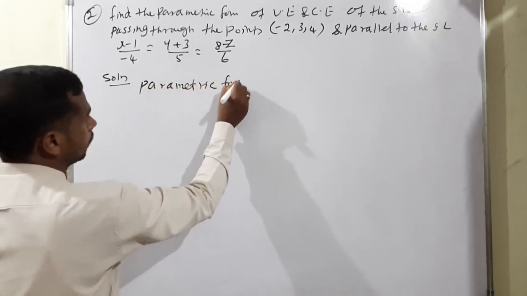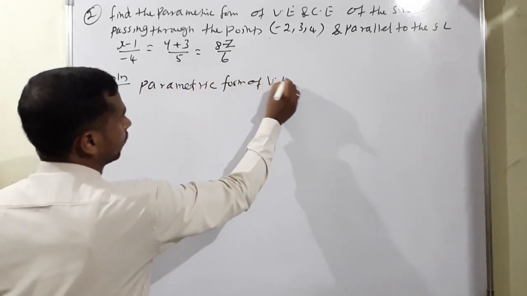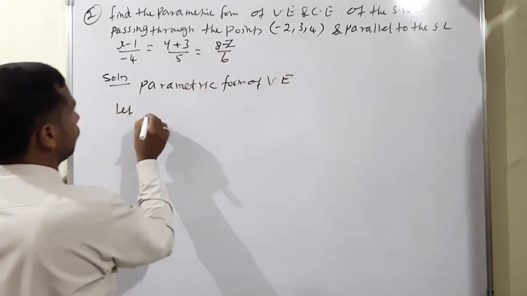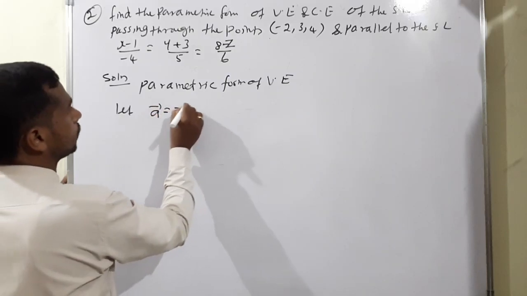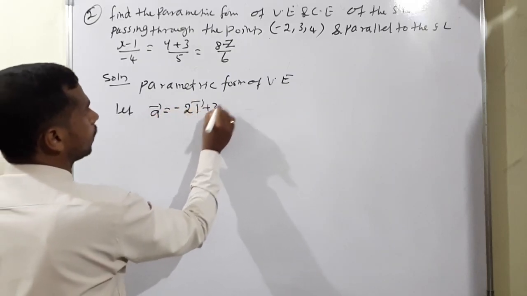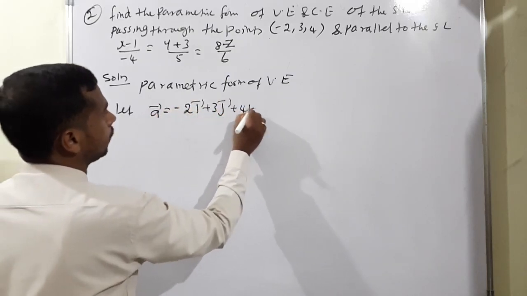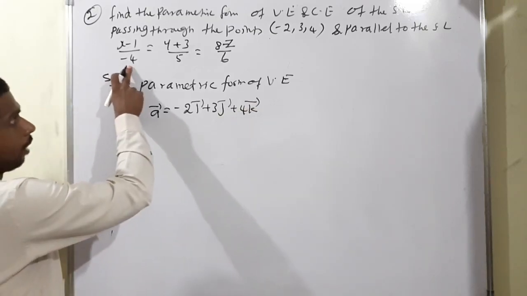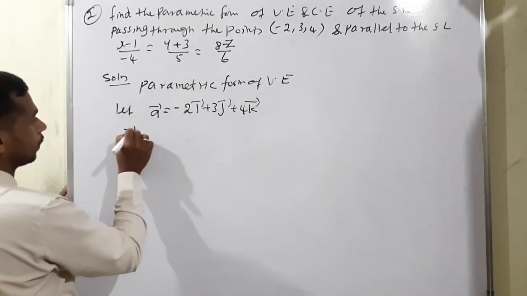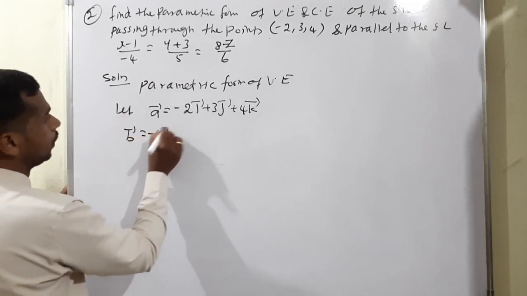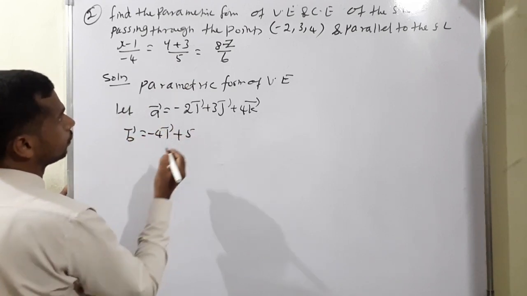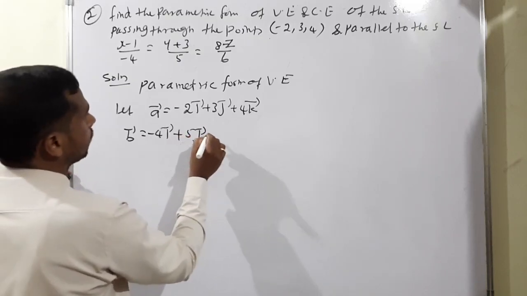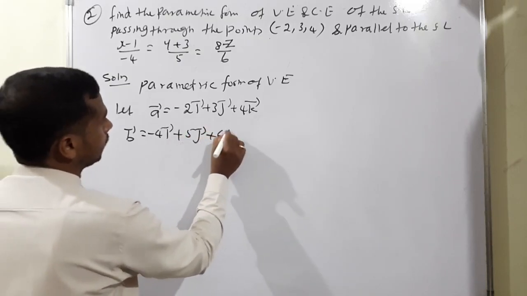Parametric form of vector equation. So let's consider the point, called A vector. A vector is equal to minus 2i vector plus 3j vector plus 4k vector. Then the parallel direction is called B vector. So B vector is equal to minus 4i vector plus 5j vector plus 6k vector.